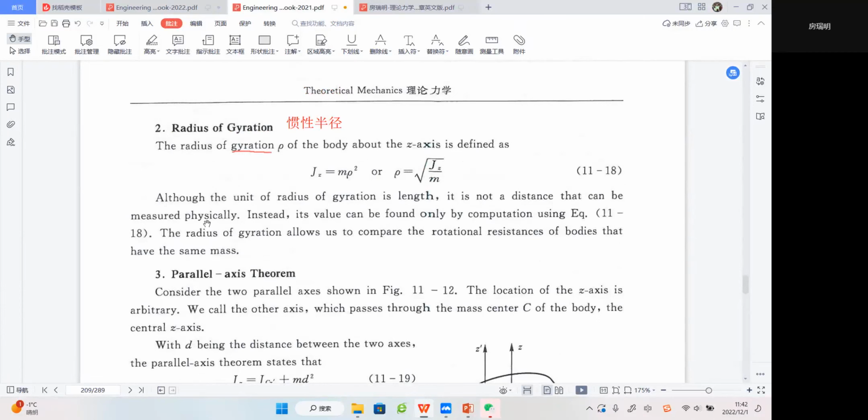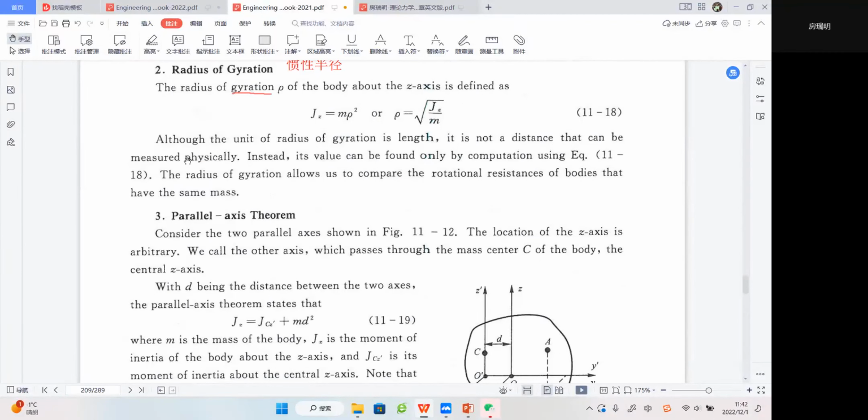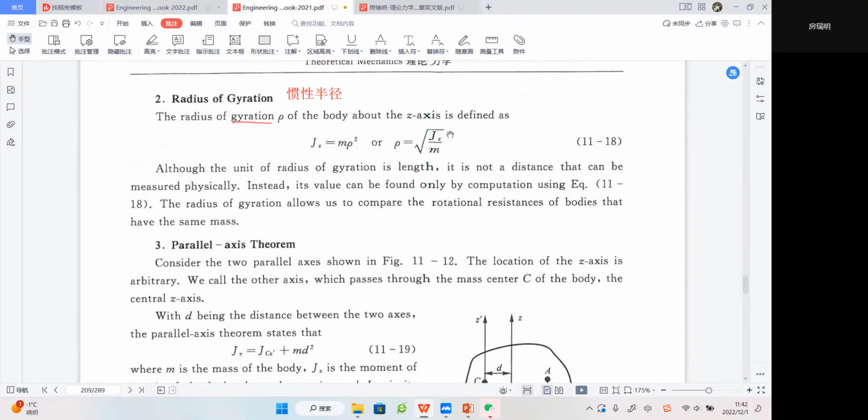It cannot be measured directly or physically. So the radius of gyration allows us to compare the rotational resistance of bodies that have the same mass. So you can see the bigger the Gz is, the bigger the rho will be. That means the higher the ability of this body to resist a change of motion.